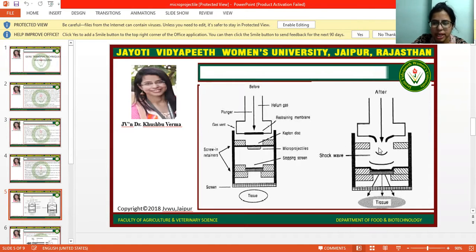When the helium gas is released at the retainer, it will create a shock wave, and this shock wave will create pressure on this stopping wall, which will release the microparticles, and these microparticles will attack the tissue like a complete bombardment.